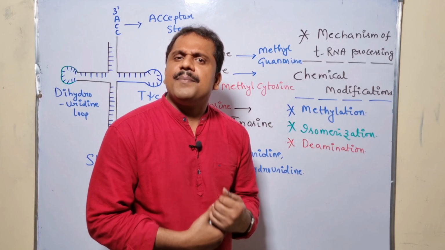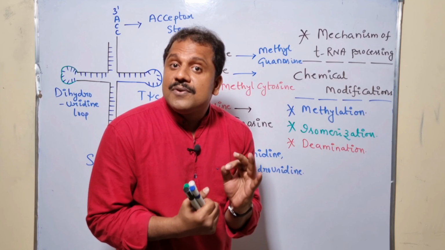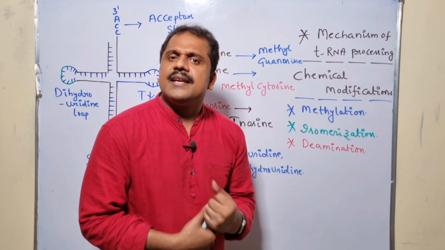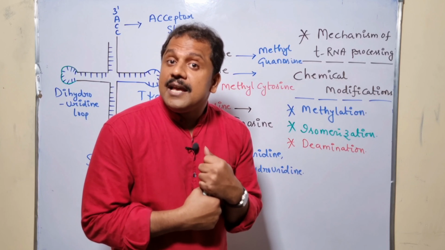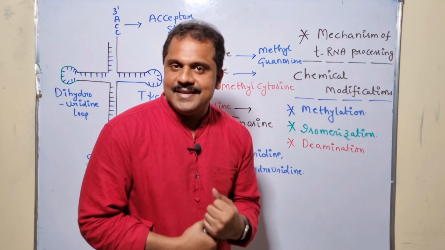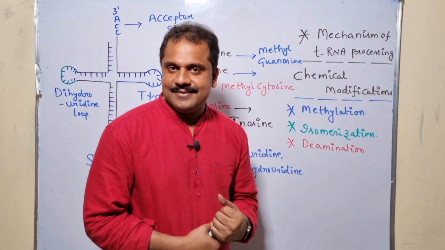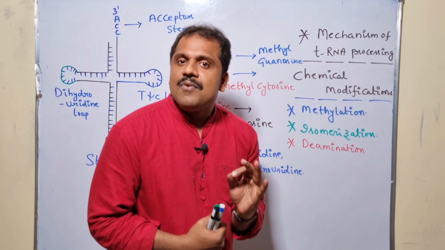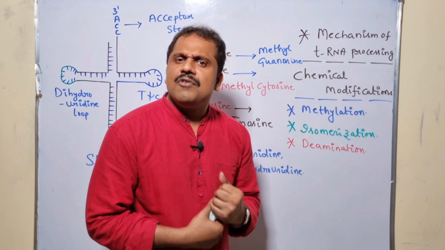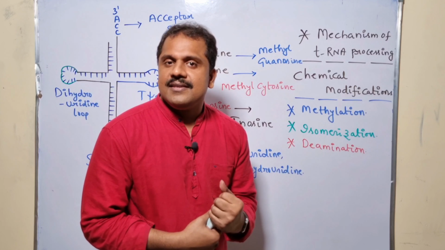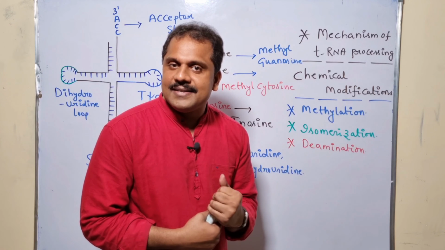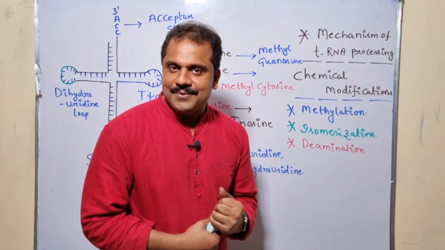So that is the reason why the tRNA generally undergoes chemical modifications like methylation, isomerization and deamination. Is it clear? So this is regarding the chemical modifications. Then after, we will be studying the cleavage. So what exactly happens during the cleavage? For your better understanding, let me present it on the board.